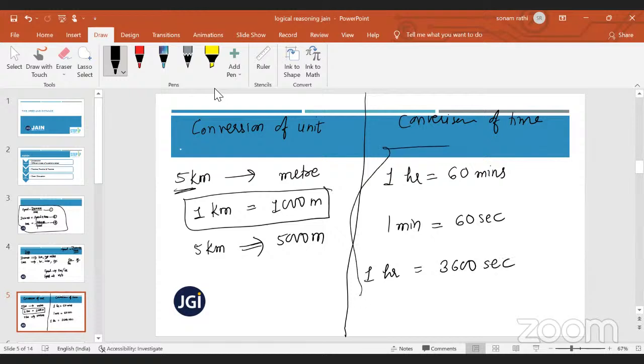Note this down also. Conversion of unit: one kilometer is 1000 meter, 1 hour is 60 minutes, 1 minute is 60 seconds, 1 hour is 3600 seconds. Done.